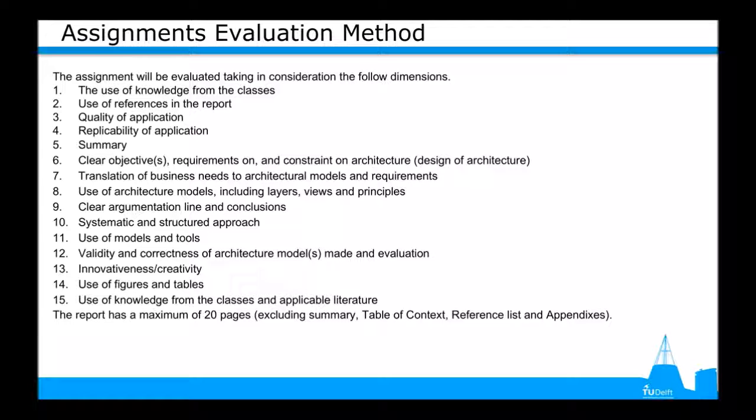Use knowledge from the class and applicable literature. We have a literature reference list in the documentation of the class. And we suggest a maximum of 20 pages, excluding the summary, the table of contents, the reference list and appendixes.